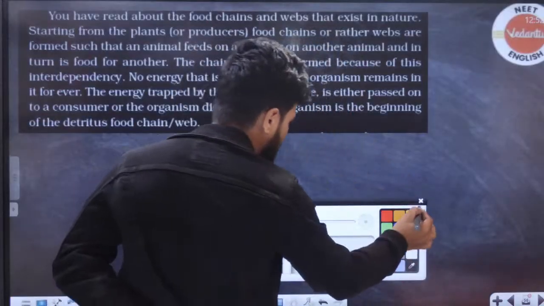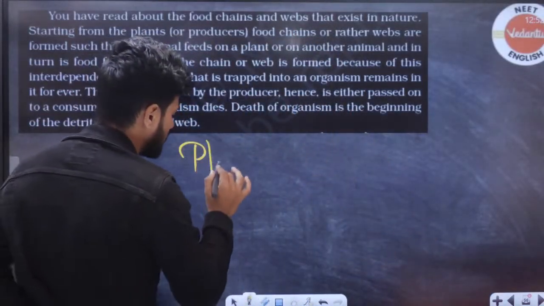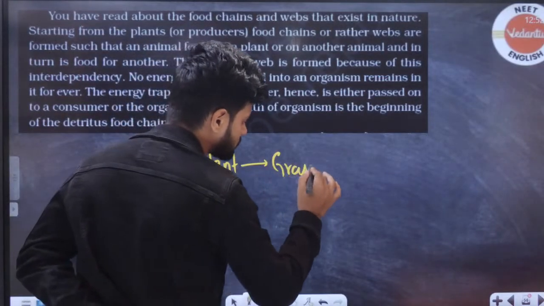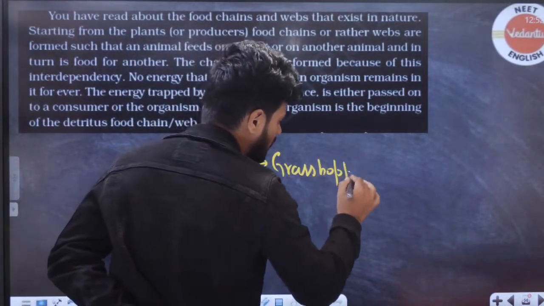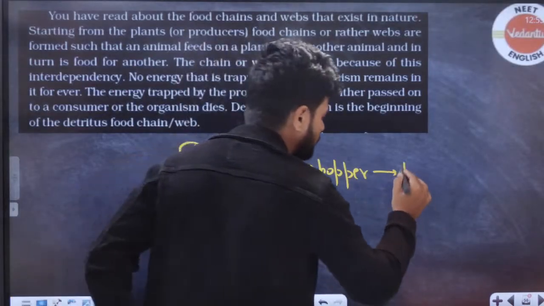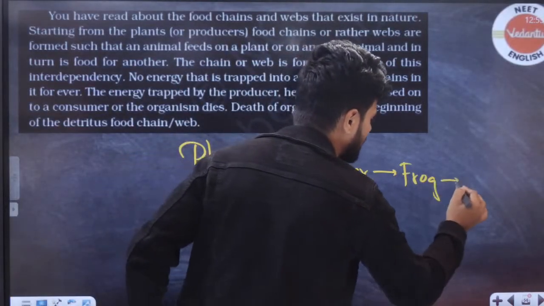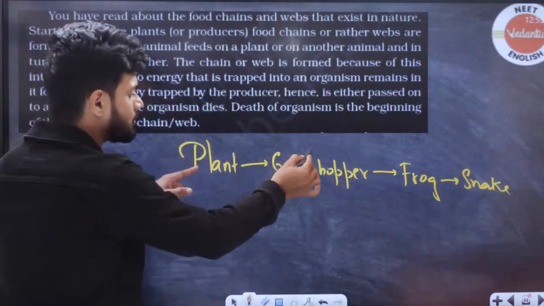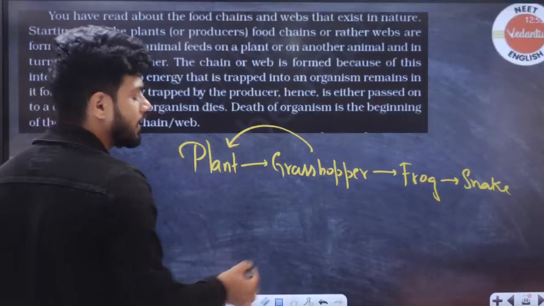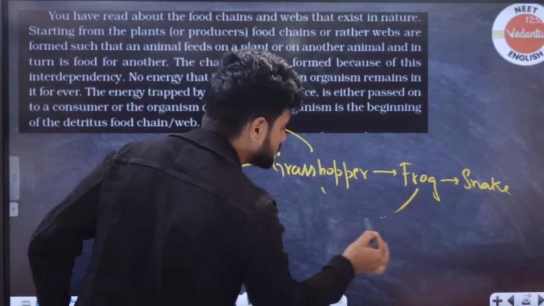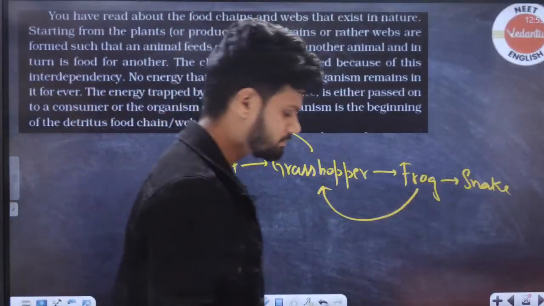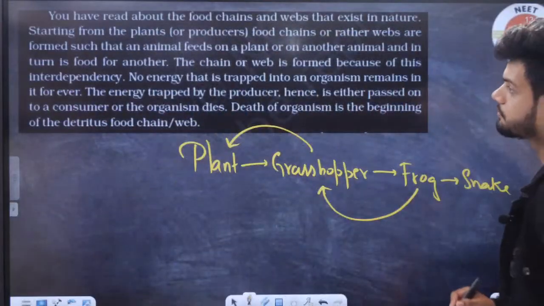Here I have a plant. This plant can be eaten by a grasshopper. This grasshopper can be eaten by a frog. The frog can be eaten by a snake. Simple food chain.